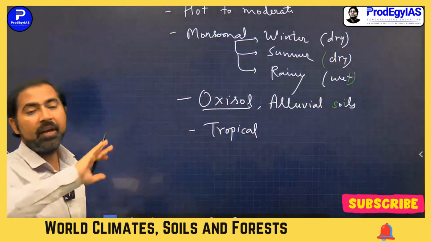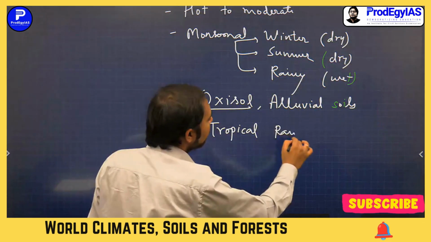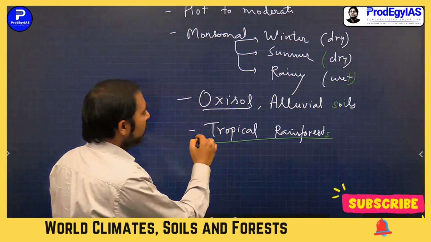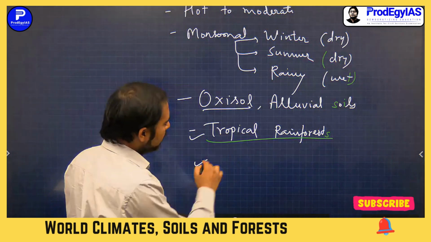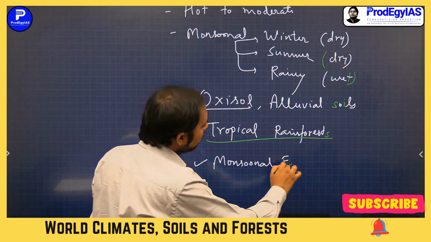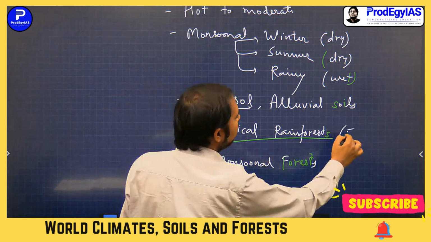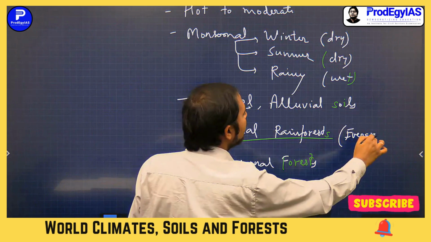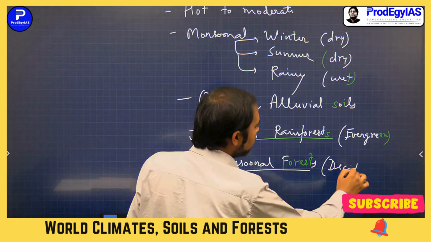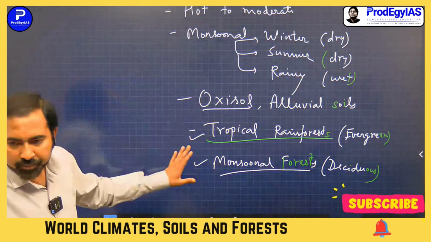That was equatorial rainforest. It is tropical rainforest. One type is this, and another type is known as monsoonal forests. Tropical rainforests are evergreen in nature, and the others are deciduous in nature. We have studied them.